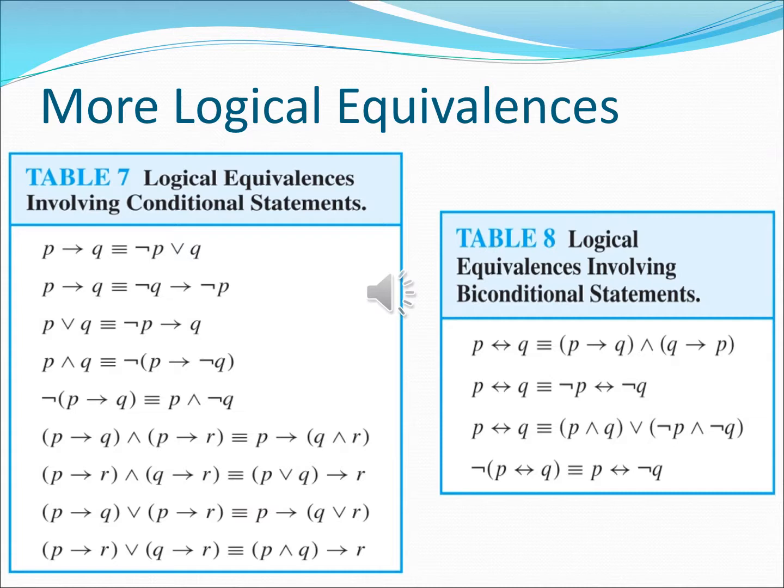These are tables that we can use to simplify or to find equivalences of compound statements, just like what you have known in trig identities. These equivalences work just like trig identities. When you have a very complicated trig expression, you can use trig identities and simplify it. We use the same techniques here.